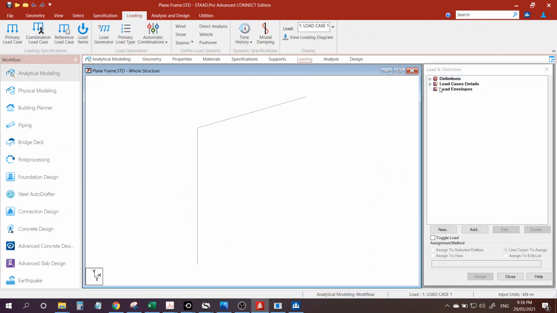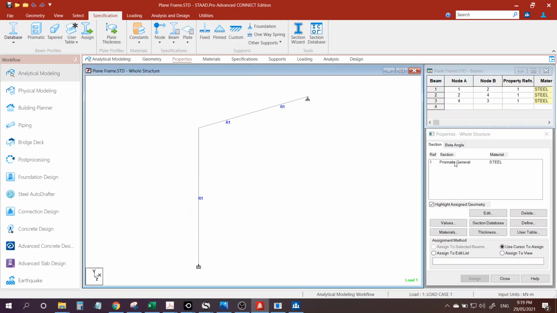Loading: the 24 kilonewton per meter uniform load and the negative 75 kilonewton at the midspan. And check the properties.